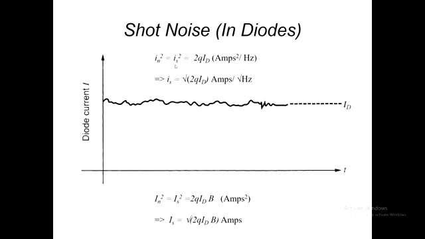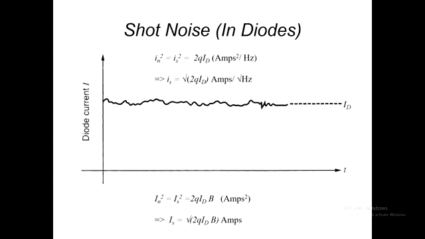So this is spot noise. I've called it subscript S. This lowercase i is a spot noise. The N means it's just general noise. The subscript S I'm using here to indicate shot noise contribution, and it's proportional to electronic charge and the DC current flowing. So more DC current, more shot noise present.